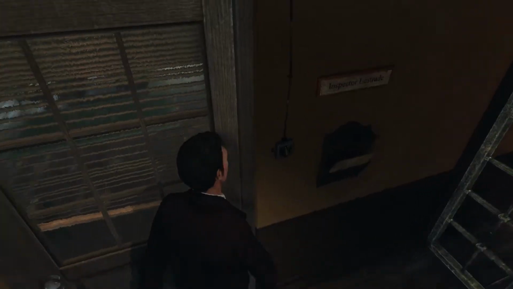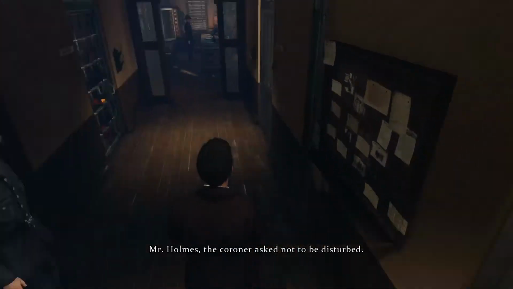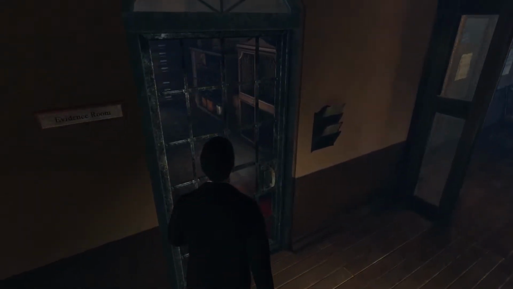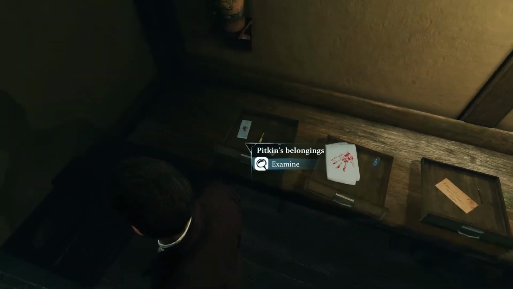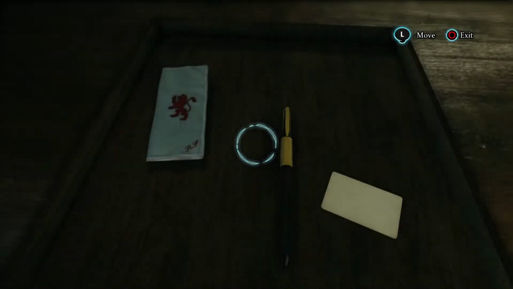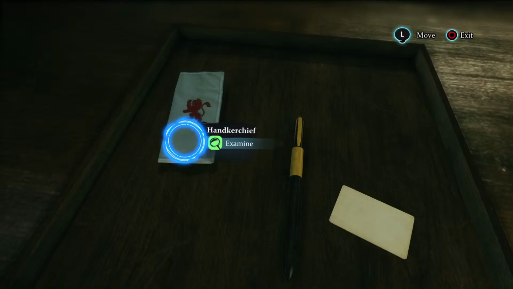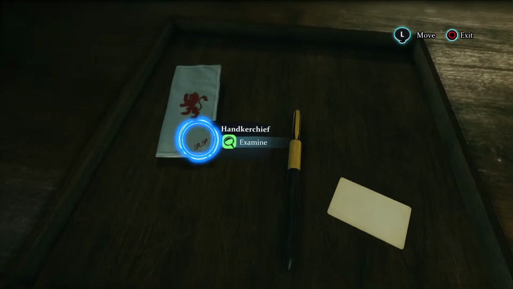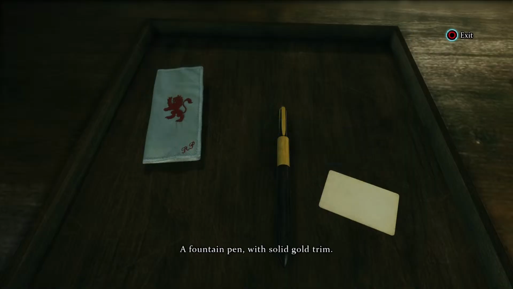Mr. Holmes, the coroner asked not to be disturbed. An embroidered silk handkerchief. A fountain pen with solid gold trim.